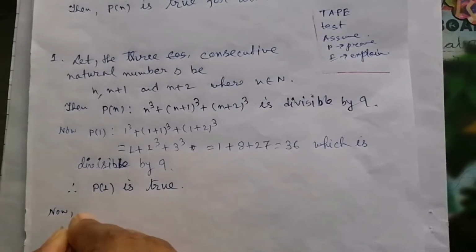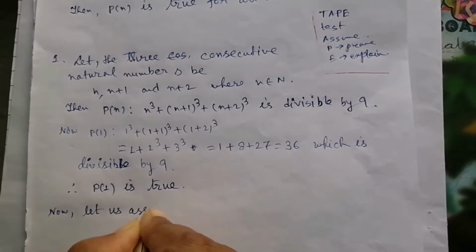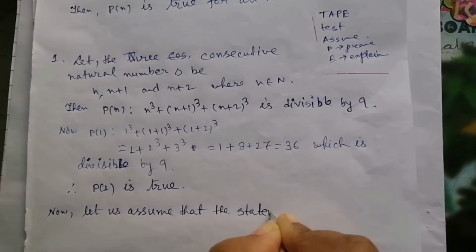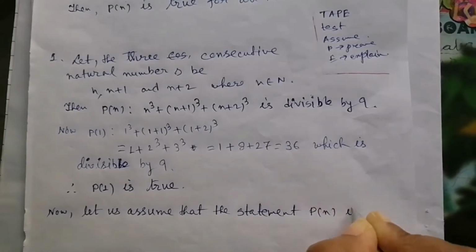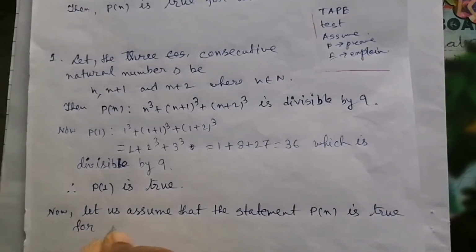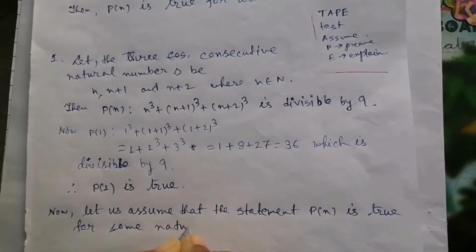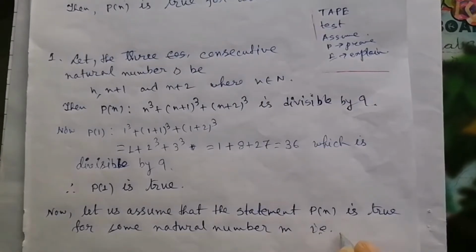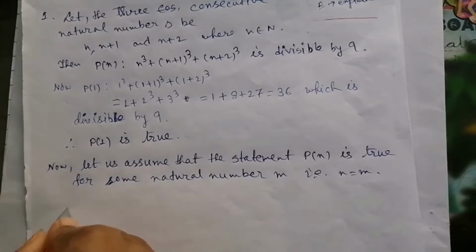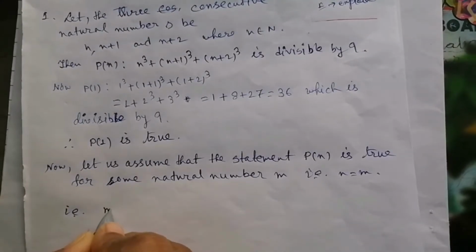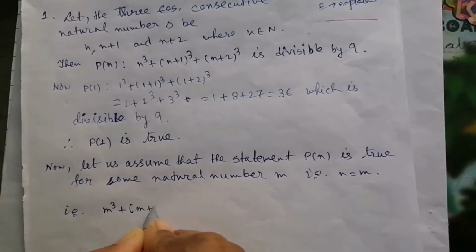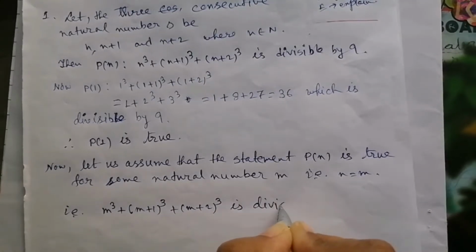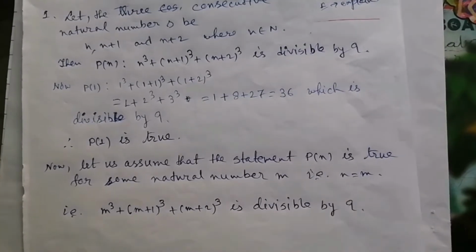Now, let us assume that the statement P(n) is true for some natural number m, that is for n equal to m, that is m cube plus (m plus 1) cube plus (m plus 2) cube is divisible by 9.